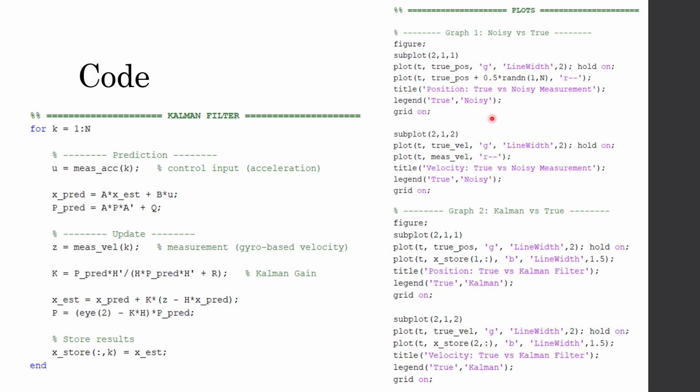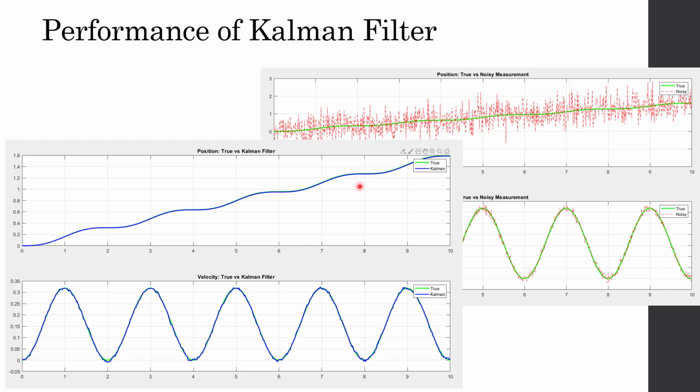The first plot is noisy data versus true for the position and velocity, which is what the sensor gives versus what the truth was, and the second graph shows what the Kalman filter gives as estimation versus what the truth was.